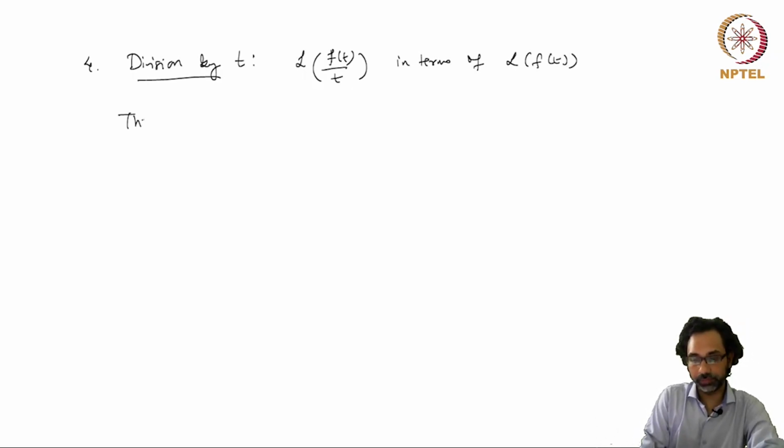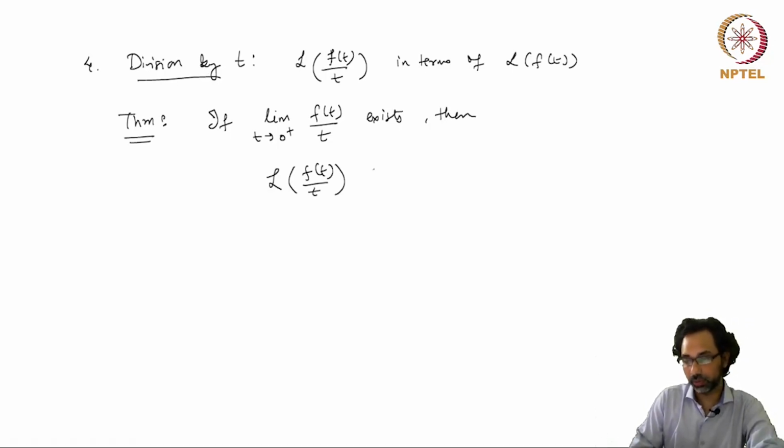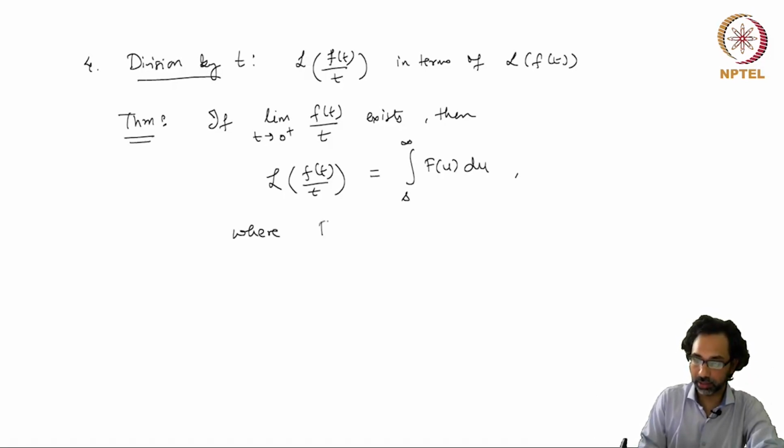So the following theorem states that if the limit as t tends to 0 plus of f(t) over t exists, then the Laplace transform of f(t) over t is equal to the integral from s to infinity F(u) du, where F(s) is the Laplace transform of f(t).